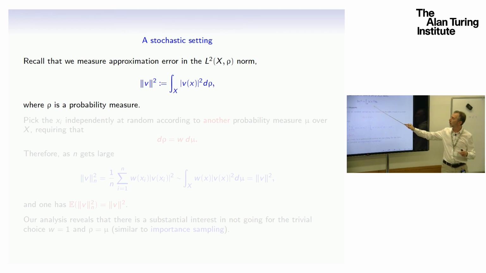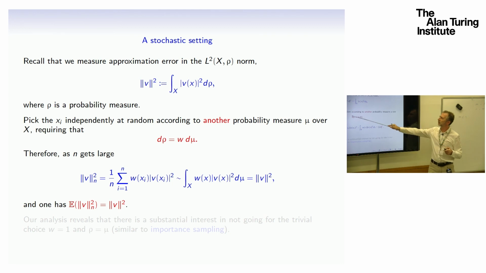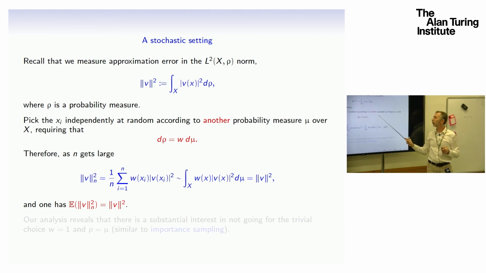This is our norm where we measure error. And what we're going to do is pick the samples according to some probability measure at random. But this measure will not necessarily be the same. So I'm introducing a second measure, mu, over x.